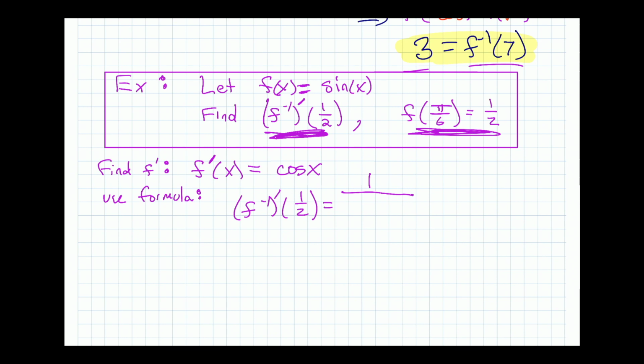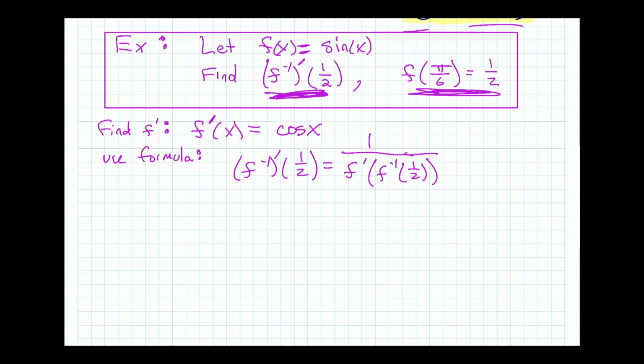So just write it out. 1 over f prime of f inverse of whatever the number is. Okay, so there you go. Now from here, you just need to work it out from the inside out, right? The first thing you need to do is figure out f inverse of 1/2.